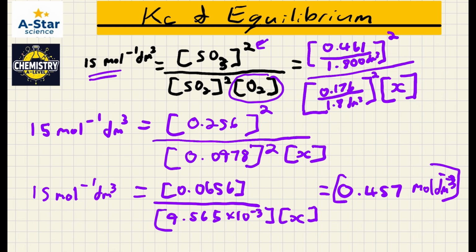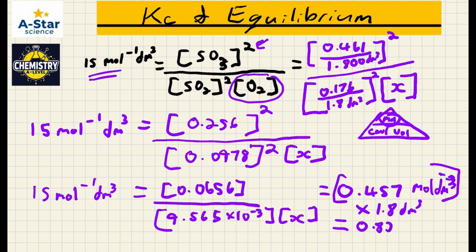As we know, that little formula, concentration is moles over volume, and we want the moles, so we need to multiply this by the volume, which was 1.8 dm cubed, and that will give us a final answer of 0.823 moles.